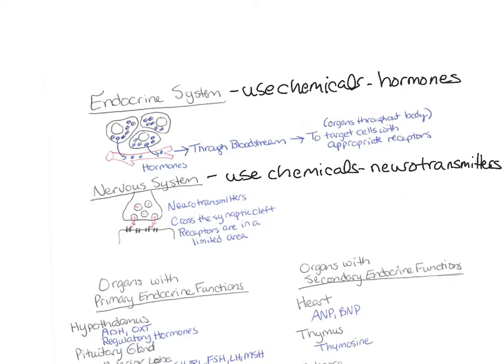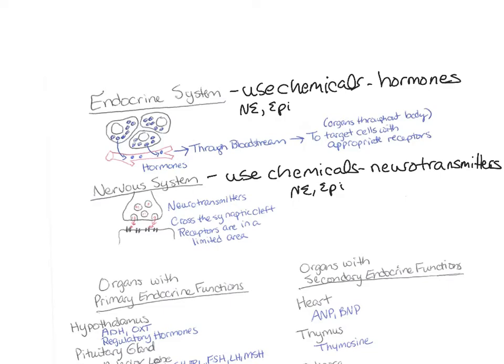But they're still chemicals. Now, both of them will use a lot of the same chemical messengers. So for instance, when the endocrine system uses norepinephrine and epinephrine, we'll call them hormones, but when the nervous system uses norepinephrine and epinephrine, we'll call them neurotransmitters.